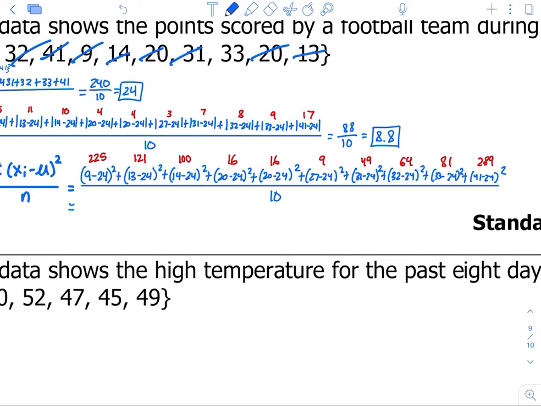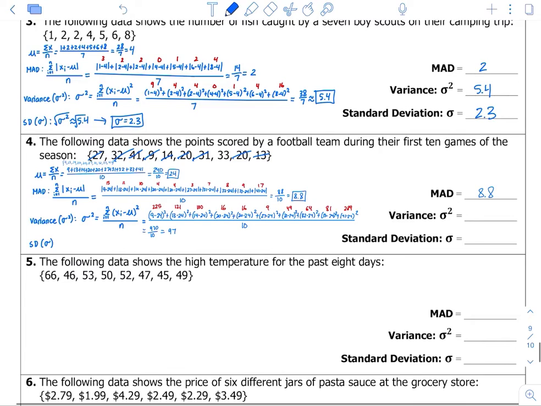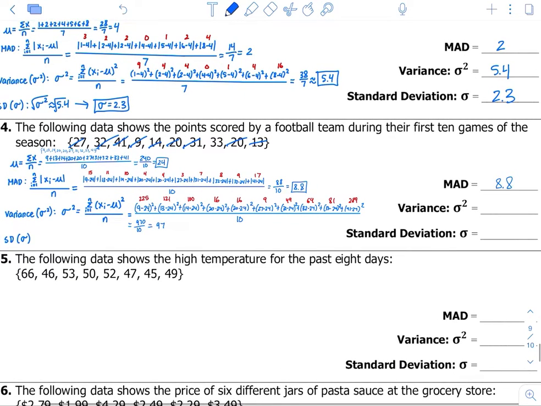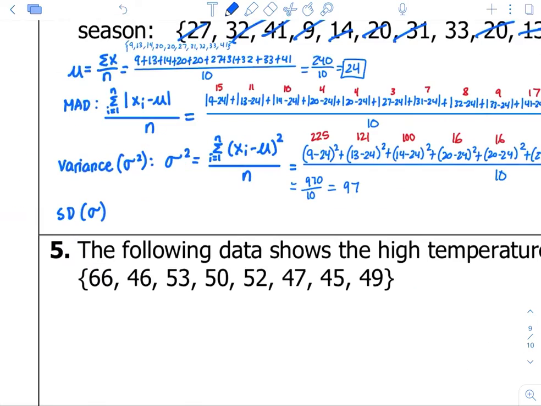So now let's just combine all those. 225 plus 121 plus 100 plus 16 plus 16 plus 9 plus 49 plus 64 plus 81 plus 289. All 970 all divided by 10, which is equal to 97. So we got a variance of 97.